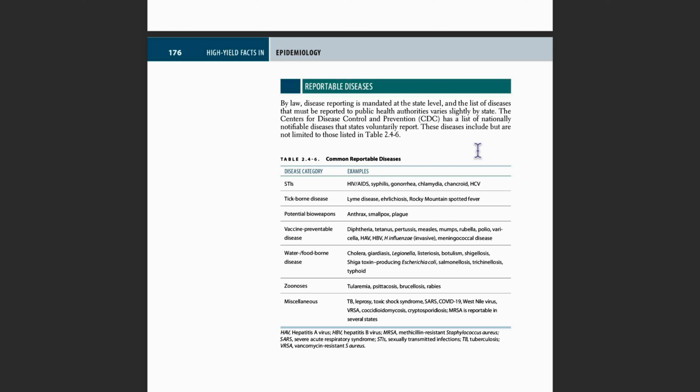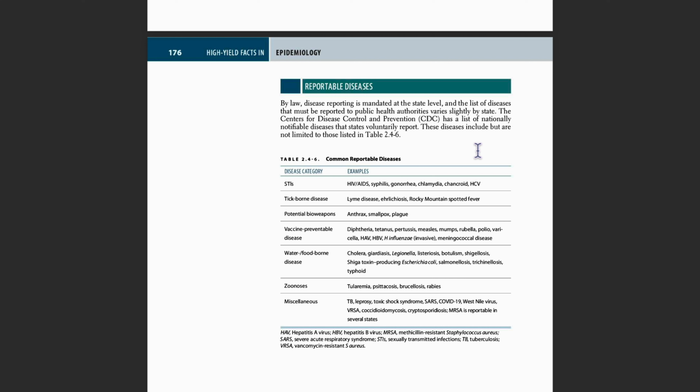HCV. Tick-borne diseases are Lyme disease, ehrlichiosis, Rocky Mountain spotted fever. Potential bioweapons: anthrax, smallpox, plague. Vaccine preventable diseases like diphtheria, tetanus, pertussis, measles, mumps, rubella, polio, varicella, HIV, HPV, H influenzae, invasive meningococcal disease.